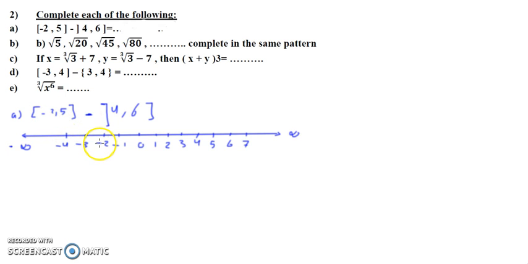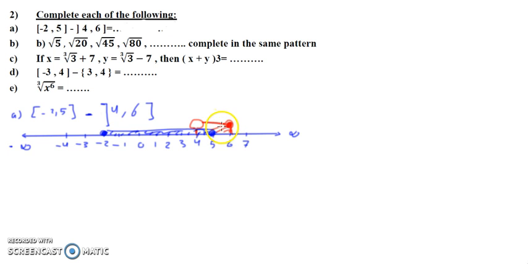The first interval is negative 2, which is closed, and 5 is closed also. So let's shade this area. The second interval is negative 4, and 4 is opened, and 6 is closed. This is the second interval.